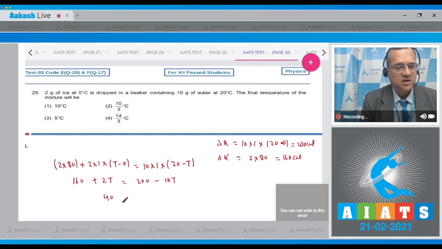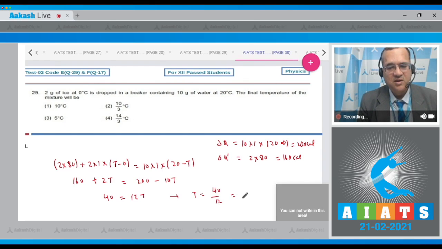So 40 is equal to 12T, therefore T is equal to 40 by 12, and that means 10 by 3 degrees Celsius. Therefore the correct option is option 2. So the answer is 2 to this question.